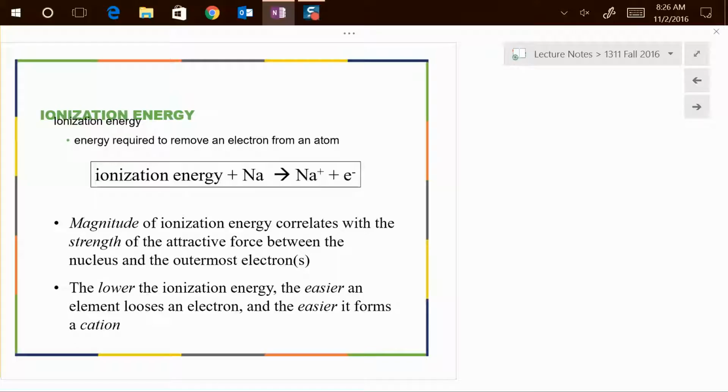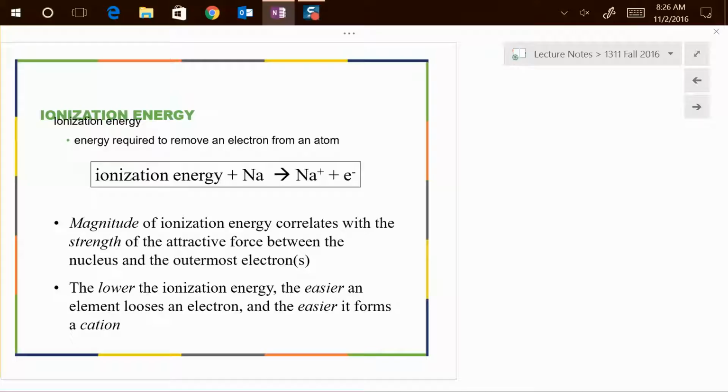It has one single electron way out there, and it has these protons right in the nucleus trying to reach all the way out and grab that one electron. It does not require very much energy at all to knock that electron off and cause francium to become reactive. Very, very little energy.